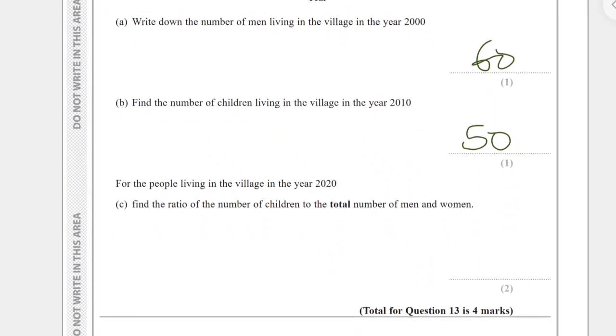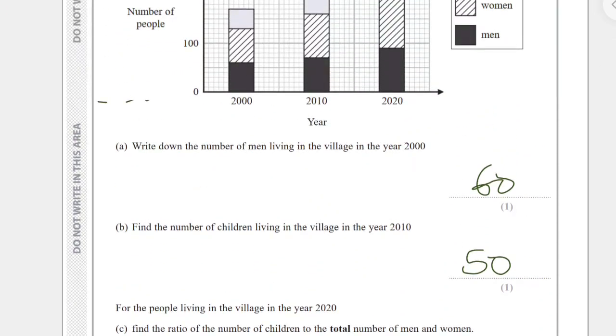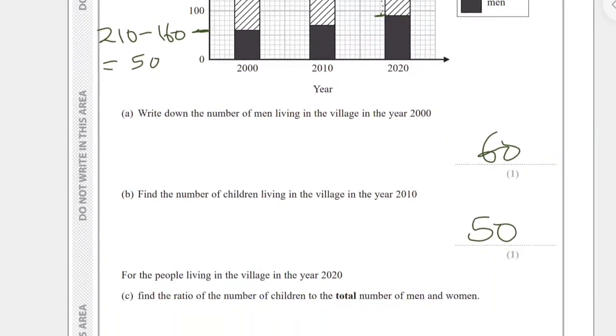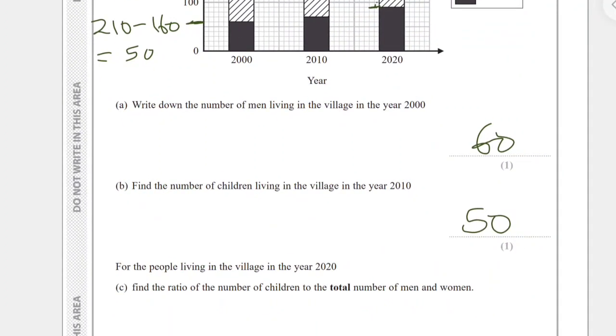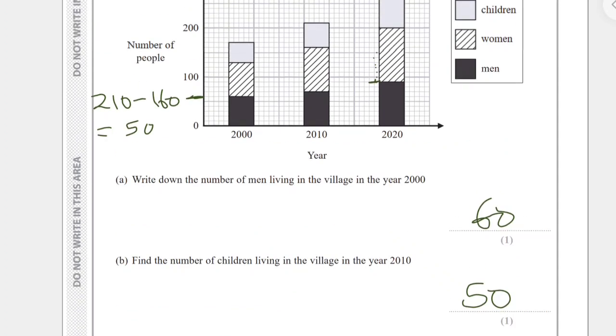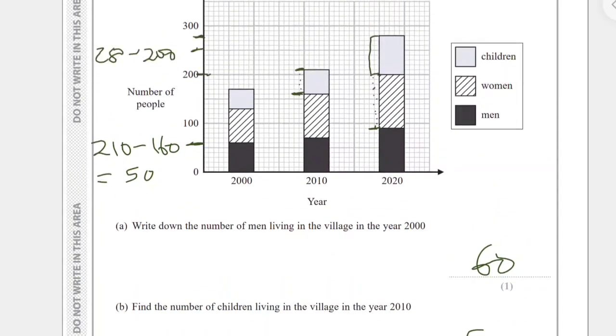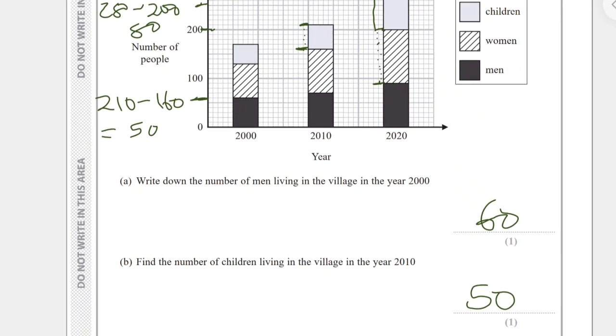For the people living in the village in the year 2020, find the ratio of the number of children to the total number of men and women. So in the year 2020, the number of children is how many? I calculated that earlier to be 80.